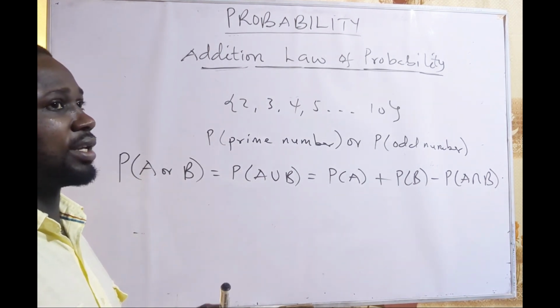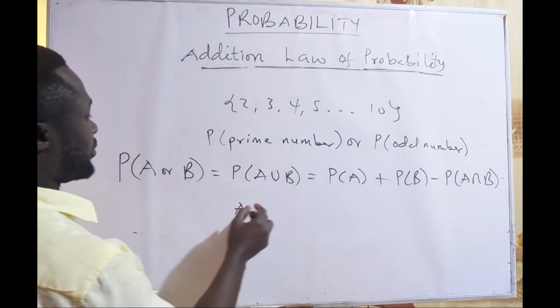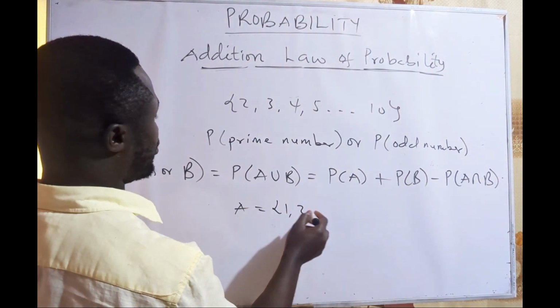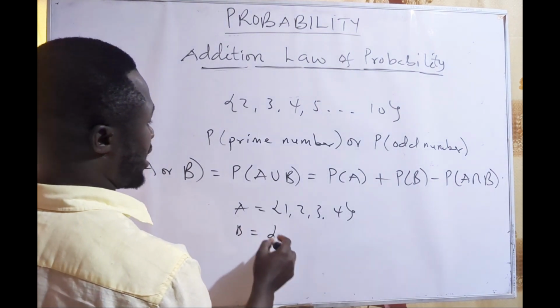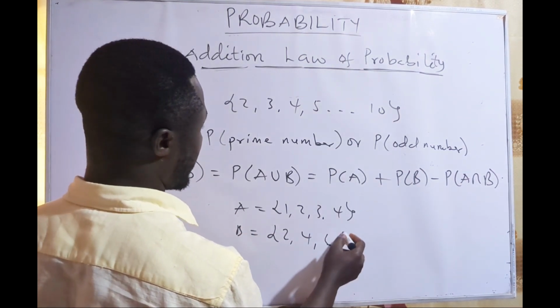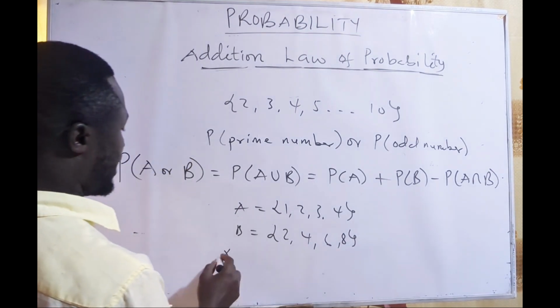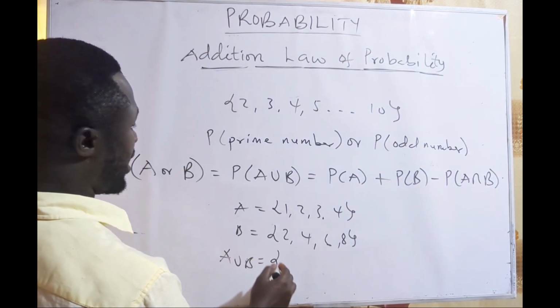It is like when we are asked to list A union B. You have set A as 1, 2, 3, 4, and set B as 2, 4, 6, and 8. If I ask you to list A union B, what will be my A union B?